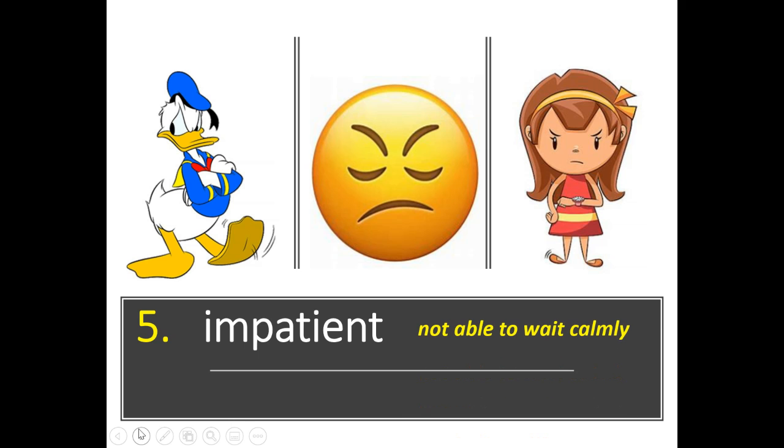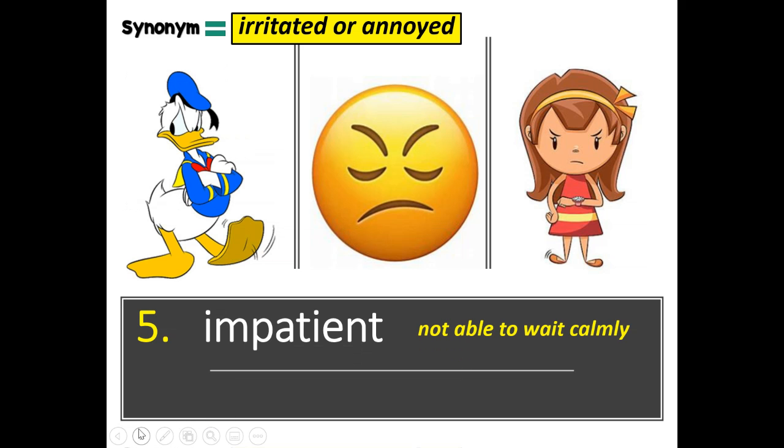Impatient means not able to wait calmly. A synonym or word that means the same could be irritated or annoyed. You feel irritated when you feel impatient. You also might feel annoyed because you are not able to wait calmly.